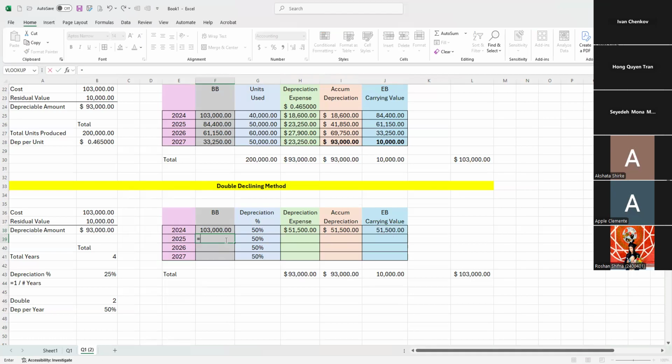Next year, ending balance becomes my beginning balance. I'm still going to apply 50%. Then accumulated depreciation will be the first year plus the second year. Carrying amount will be beginning balance minus depreciation expense. And now I can drag the formulas.